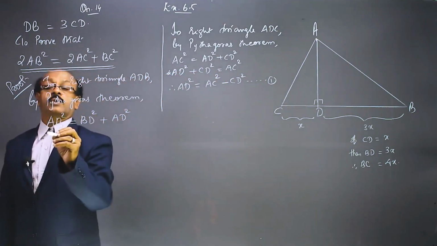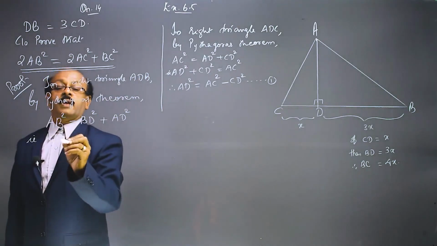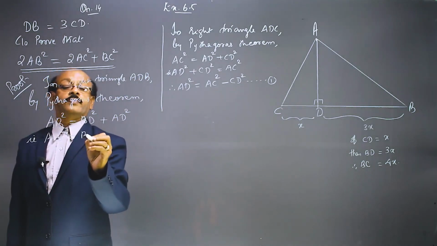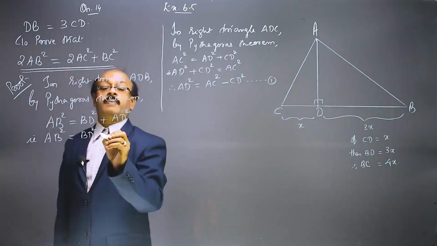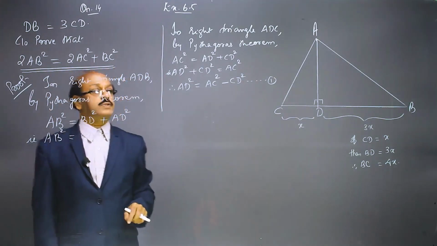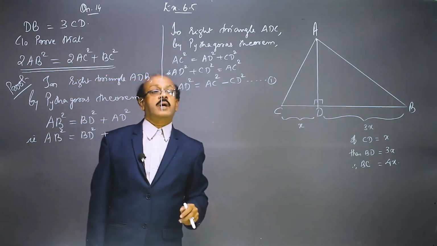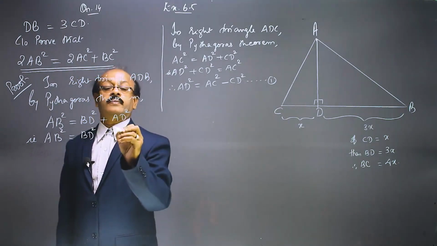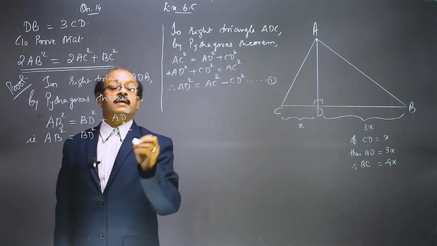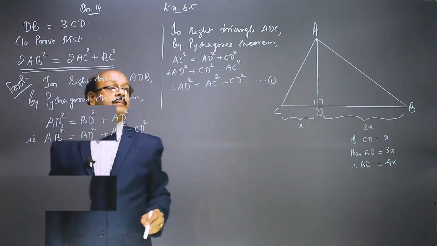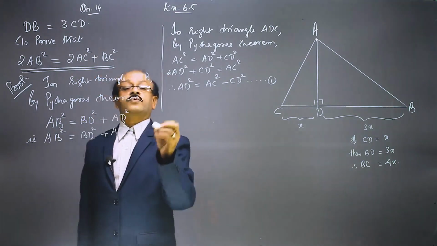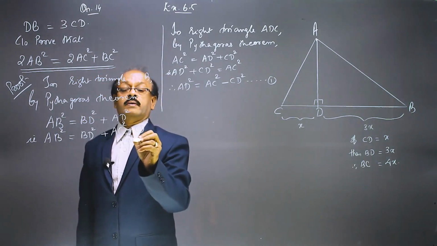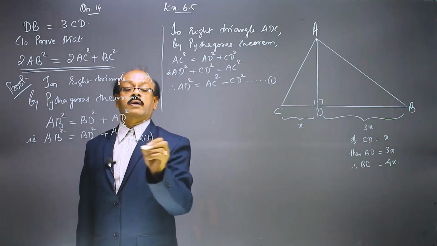AB square is equal to BD square plus, instead of AD square, we can write AC square minus CD square, from equation number 1.